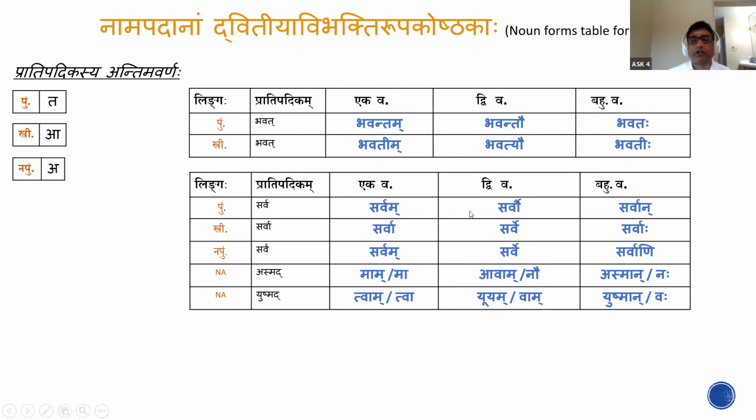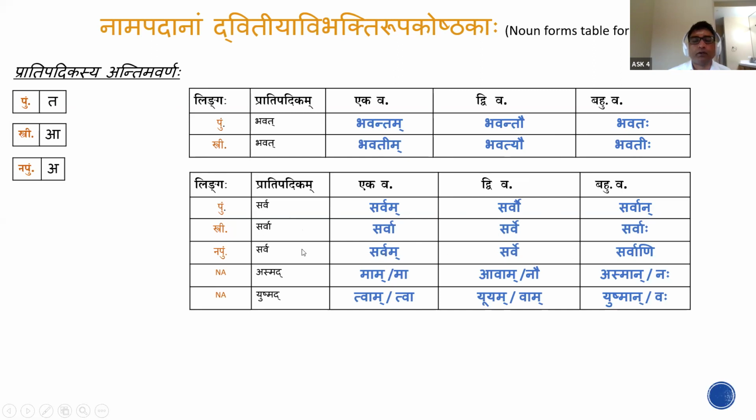This is similar to Ramaha, Ramau and all. Sarvam, Sarvau, Sarvan. This is similar to Sahataute. So you can deduce it from its similarity to Sahataute. If it is Saha, because it's Pullingam, Sarvam will follow that. And in Strilingam, Sarva will follow Sa Te Taha.